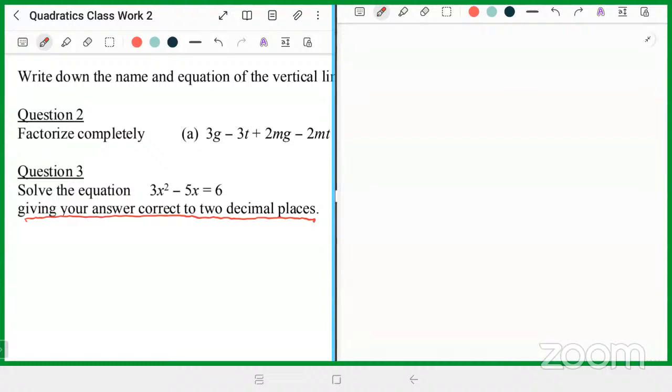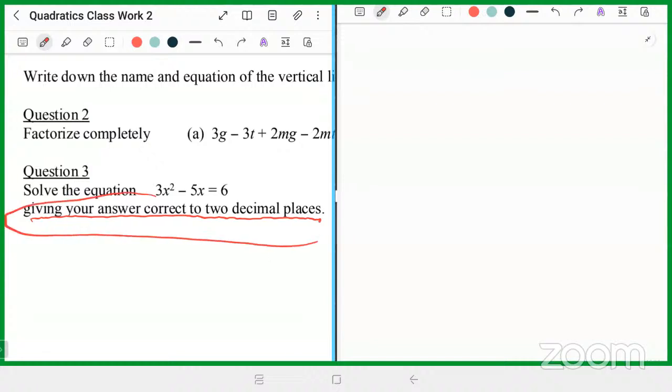It means that we won't be able to solve this using a factorization method, because the factorization method is used for the types that give you exact value answers. The answers for this one are not going to be exact, and this is why they are telling us how accurately we are to give our answer.